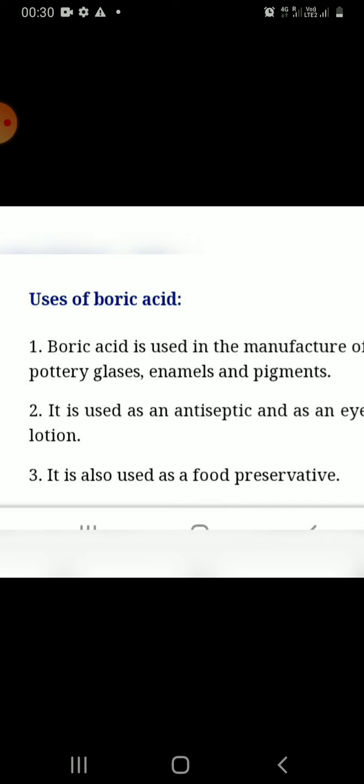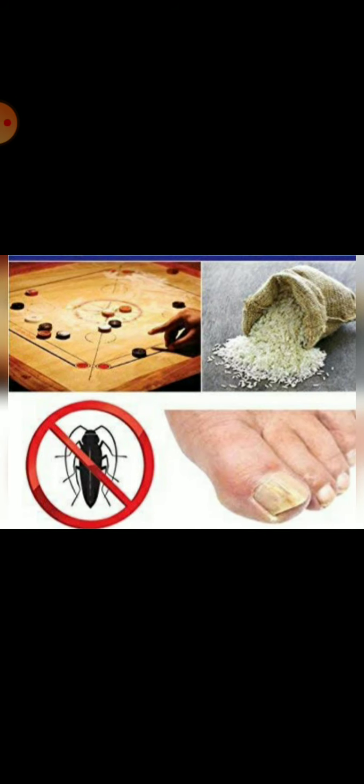Enamels and pigments are also manufactured. Second, it is used as an antiseptic and in eye lotions, and third, it is also used as a food preservative. For example, to preserve raw rice, see the example picture: preservation of raw rice, and antiseptic.